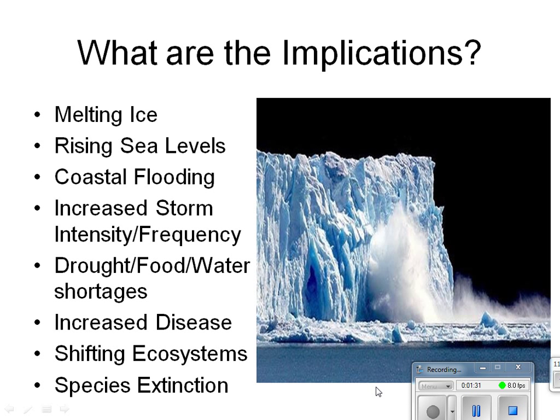And right now at the poles, with all of the Arctic ice and the ice caps and the continental and alpine glaciers, the albedo of the Earth is very reflective. In fact, about 90% of the incoming solar radiation hits the ice and is reflected back out into space. Well, that keeps the Arctic somewhat cool.